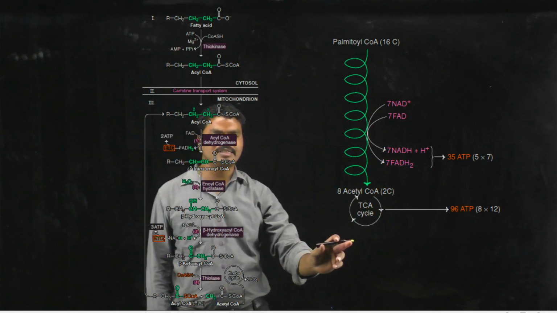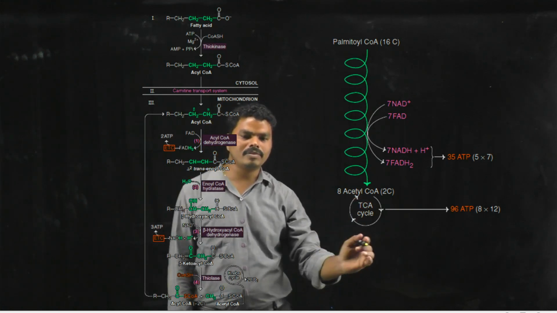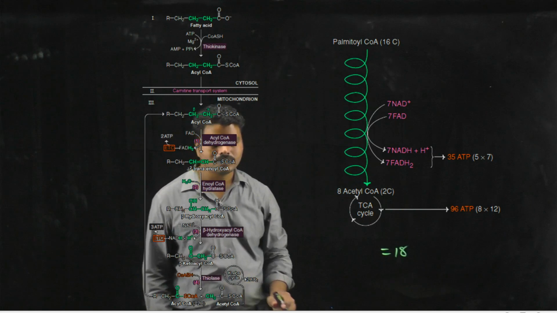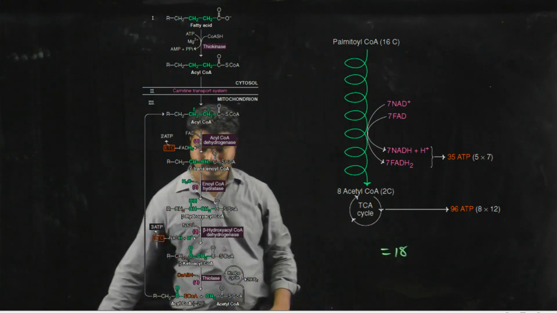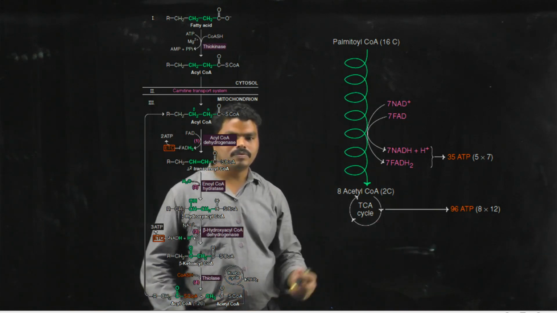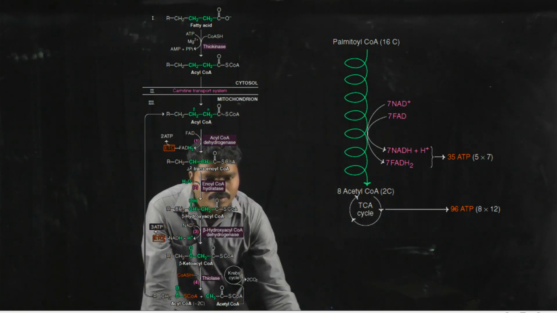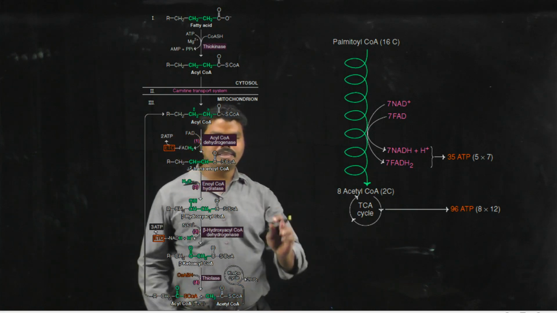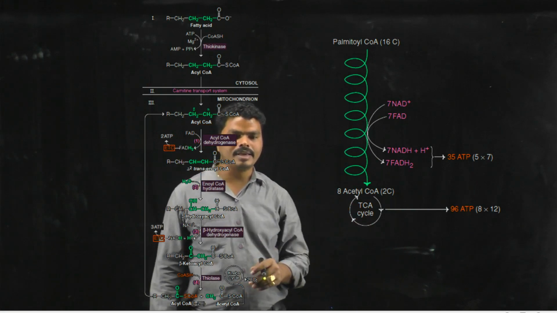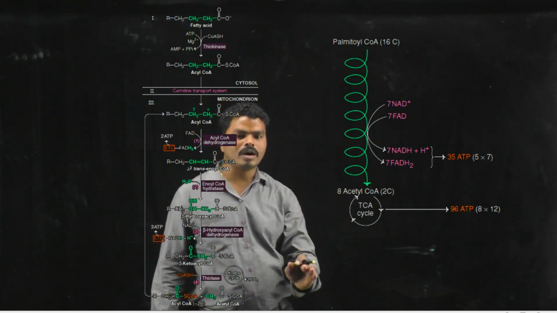And for each TCA cycle we require 2 acetyl-CoAs, and these 8 acetyl-CoA molecules will enter into the TCA cycle. So that means 8 TCA cycles are required to convert the acetyl-CoA into carbon dioxide and water.